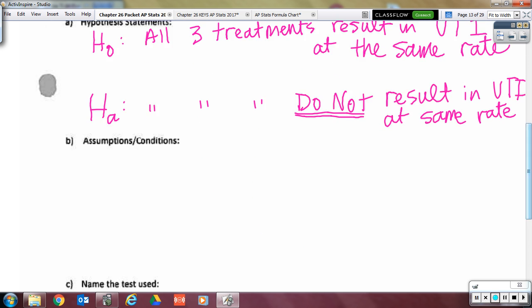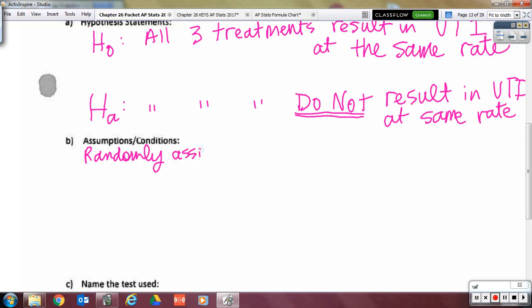All right, random. How are we going to address that here? Random what? Aha, good. Every class period, I have had somebody make that connection that this is an experiment and we are randomly assigning the women to the 3 treatment groups. Very good.